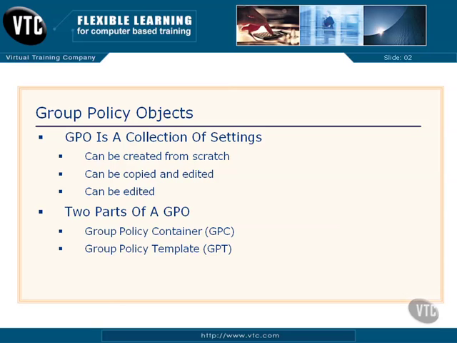Now, there is an oddity: when group policy is being replicated from domain controller to domain controller, because they all need to know about this, the container and the template can get into situations where they're not replicated at the same time. Two different services actually handle replicating these things, and they can get out of whack. It's a southern technical term there, okay? But they can become not concurrent, I guess you could say, and it can cause some issues, and we'll talk about how to find those a little bit later on.